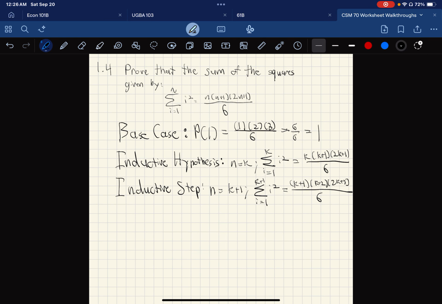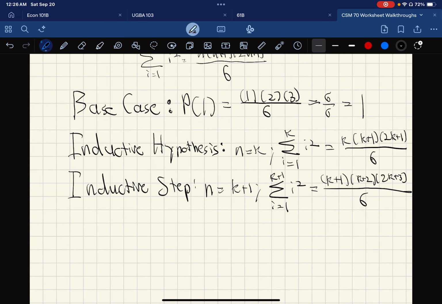When we see something like this, we want to use our inductive hypothesis to prove our inductive step. So how do we get our inductive hypothesis to work for us here?